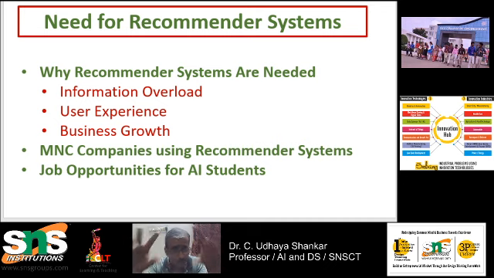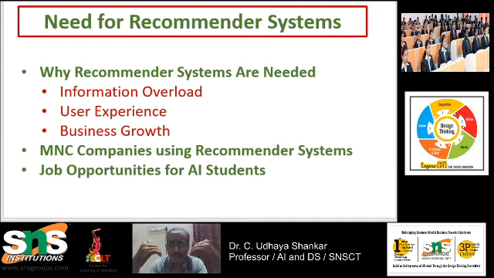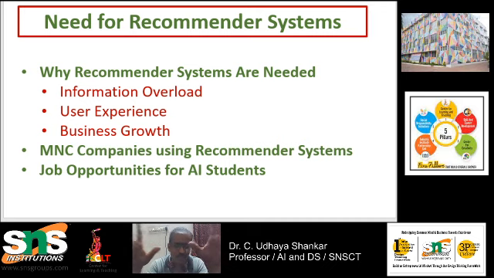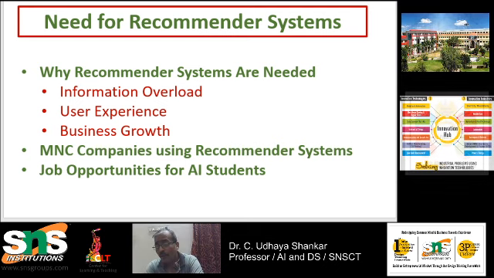Indirectly, it also helps business growth, because it gives more relevant information needed by the user according to the search. Many MNC companies like Amazon, Netflix, Spotify and many others use recommender systems. There are also many job opportunities for AI students if they understand recommender systems well.